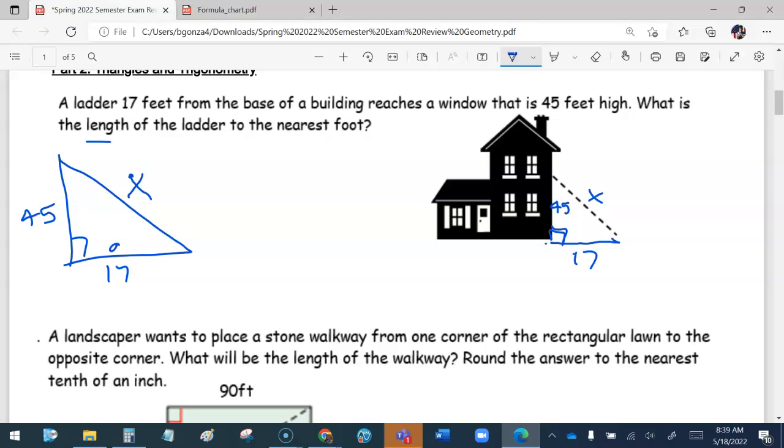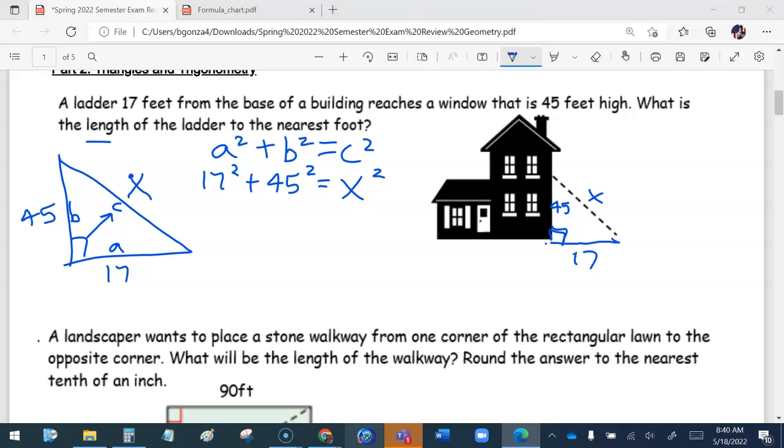So I'm going to write A and B next to 90, and then across from 90 is my C. A squared plus B squared equals C squared. So 17 squared plus 45 squared equals C, which is X squared.